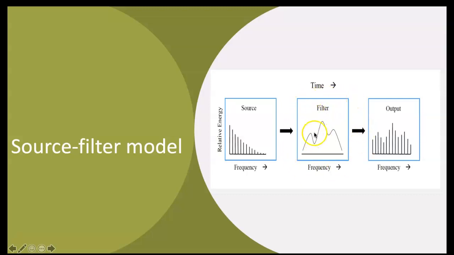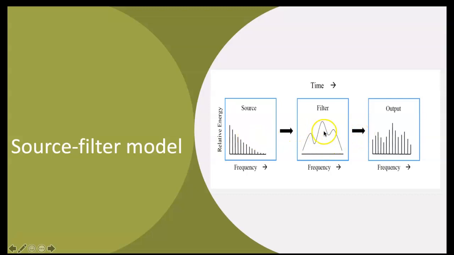This filter, these peaks in the filter, these are resonance peaks. Okay, so remember from the first chapter we talked about resonance. The vocal tract has certain resonant properties, depending on how the vocal tract is shaped during production, and we'll see that later. So the vocal tract is the filter, okay?